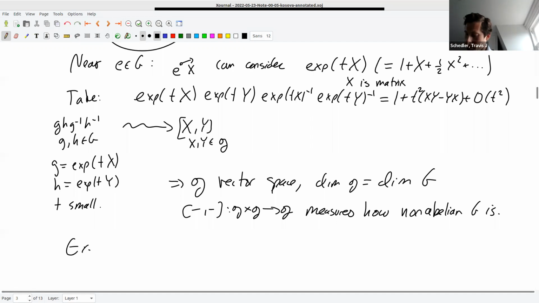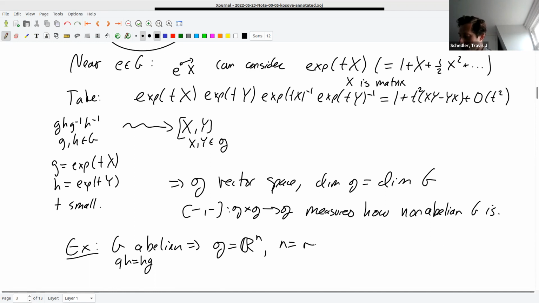So as an example, if G is abelian, so it's commutative, we always get the same Lie algebra. It's just, if I'm doing complex numbers, it's C^n, but if I'm doing real numbers, it's R^n for n equal to the real dimension of G, right?